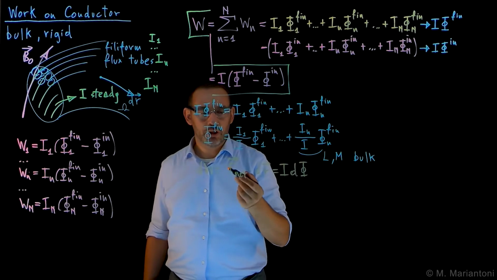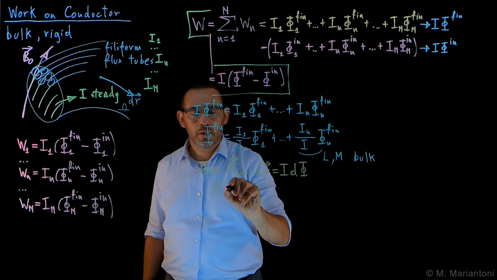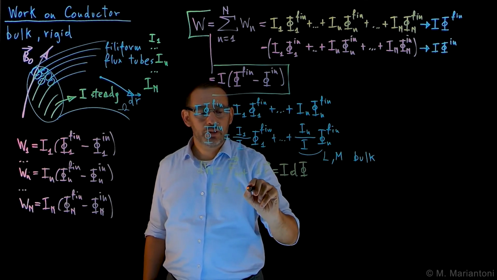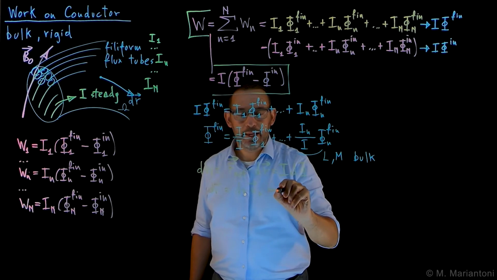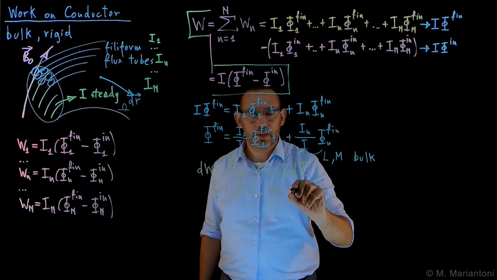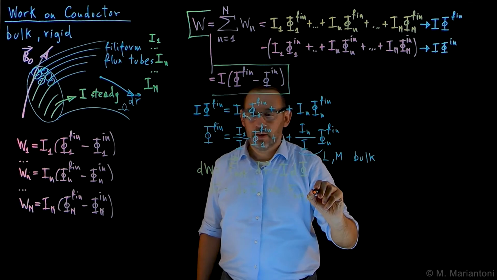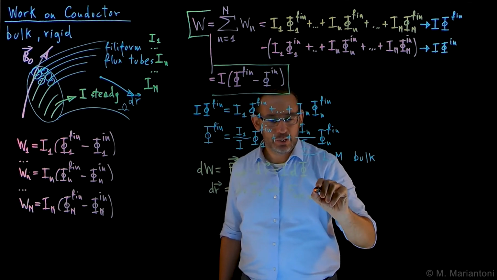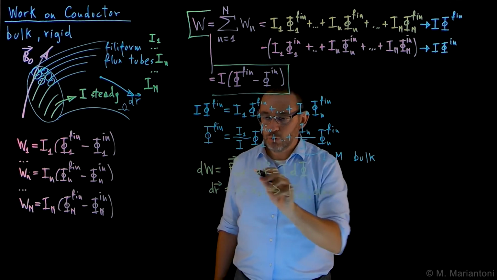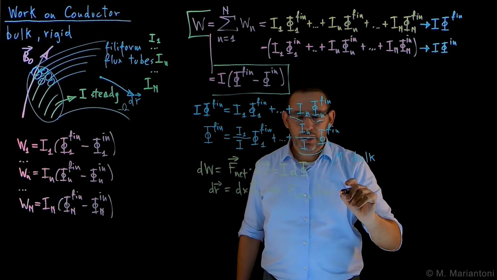So for example, in a Cartesian coordinate system, if we write this dr as dx ux, just to fix ideas, then in this case we will find that this F net along the x direction, basically this quantity here times dx, has to be equal, because that's what I'm doing here, I'm dotting with ux, obviously it's just the x component, has to be equal to I d phi.